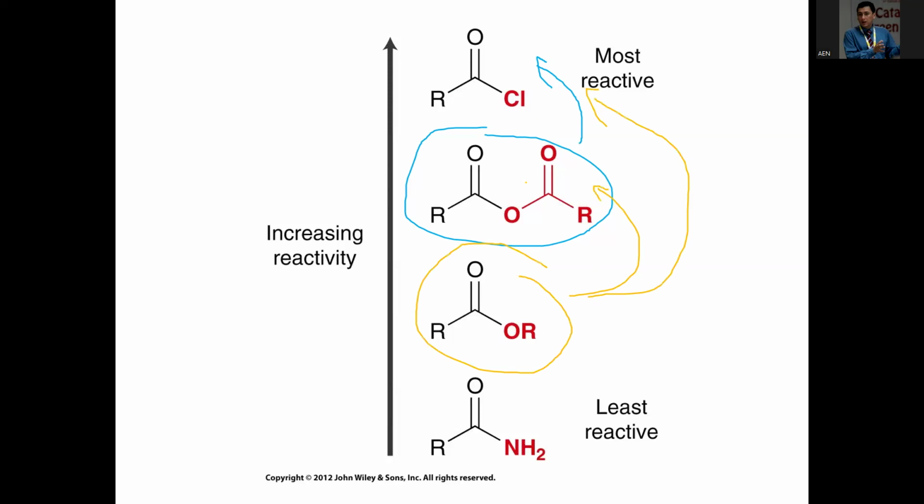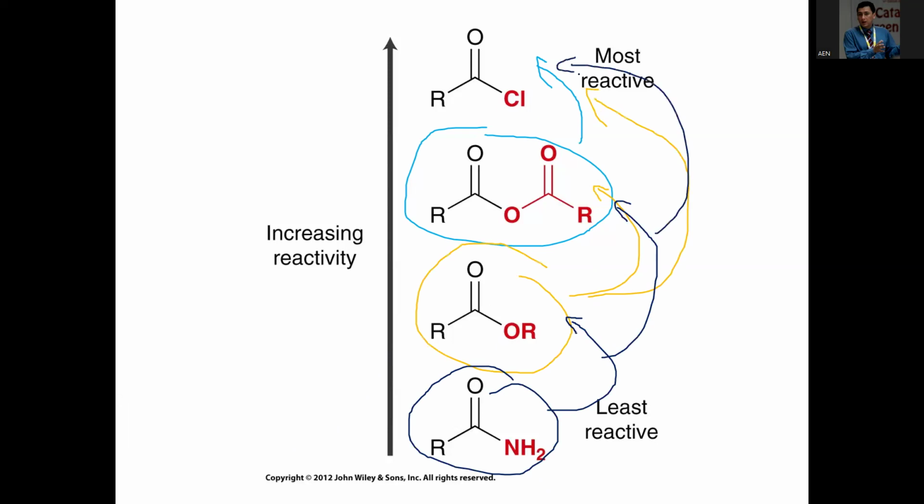And carboxylic acid, of course, because carboxylic acid is the mother of all these guys. And the last one, if I have an amide, right? The amide can be made from esters, can be made from anhydride, and can also be made from halides. Okay, so that's the sequence.